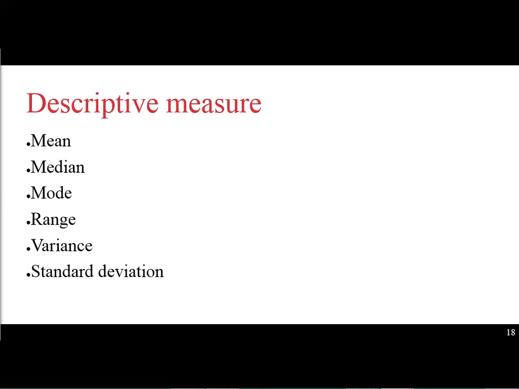The mean is synonymous with the word average. The median is the middle term. The mode is the element that keeps on repeating, the most frequent element. And that is for the descriptive measures.